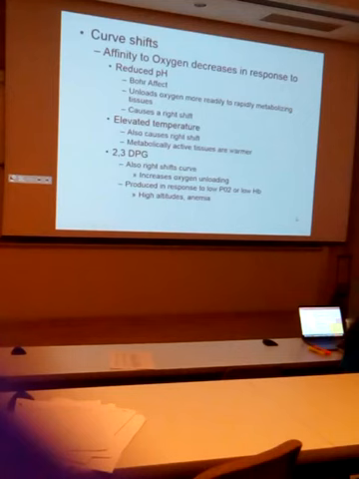So the factors we're going to speak about, at least 3 of the factors: one is elevation in CO2, one is a reduction in pH, and one is an elevation in body temperature. What do all those things have in common, or what situation would all those things occur in? CO2 going up, pH going down, and body temperature going up.